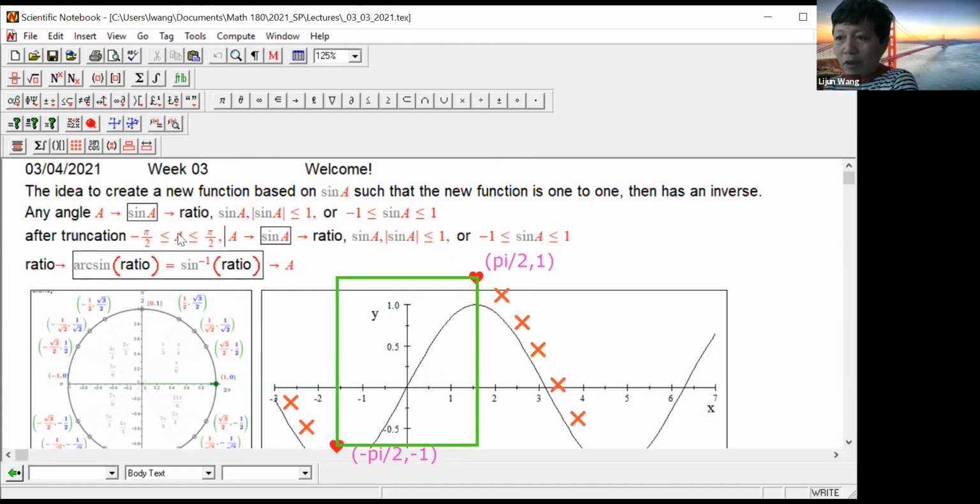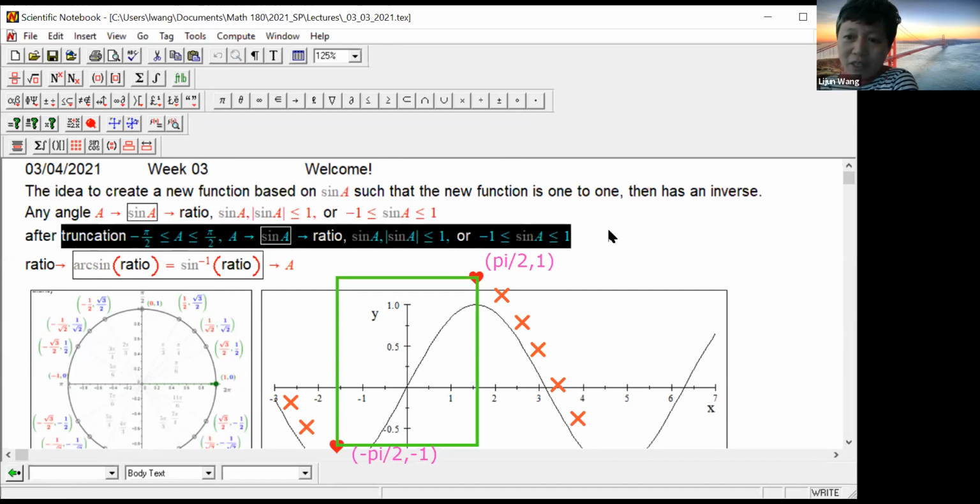The truncated function, however, is rarely used in our work. Some people will say, you see, sine is a function, and this is the truncated function after truncation. So when you say sine function, which function do you refer to? That could be confusion.